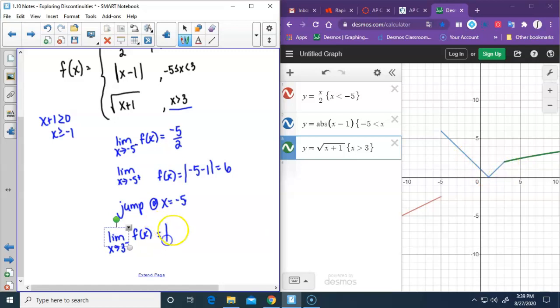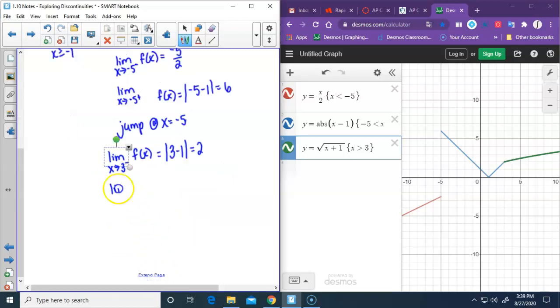So that would be the absolute value of 3 minus 1, which is 2. And then if we do the limit as x approaches 3 from the right of f of x, we would use that bottom function, which is the square root of x plus 1. So the square root of 3 plus 1 would give a square root of 4, which of course would also be 2. So you can see that these two match.